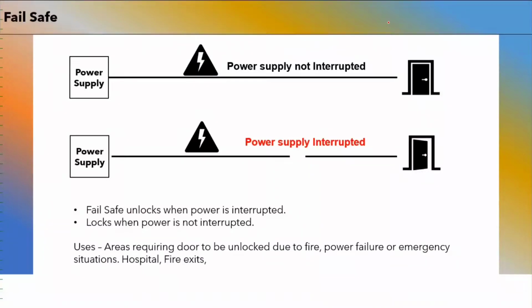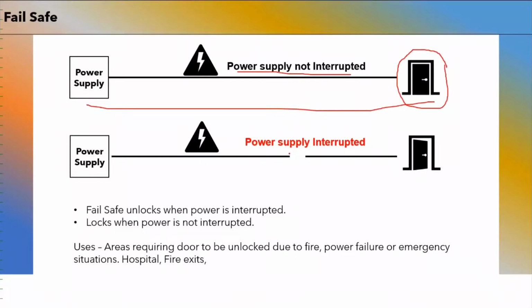So, what is a fail safe? Fail safe mode unlocks when power is interrupted and it locks when power is not interrupted. So in this diagram, you can see that when there is a continuous power supply, the door is locked.